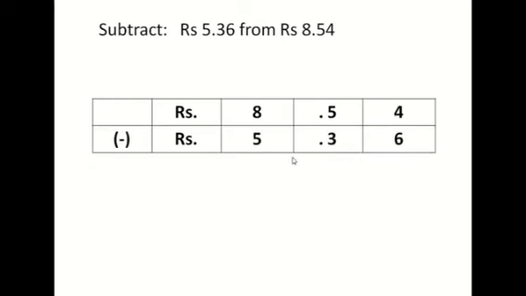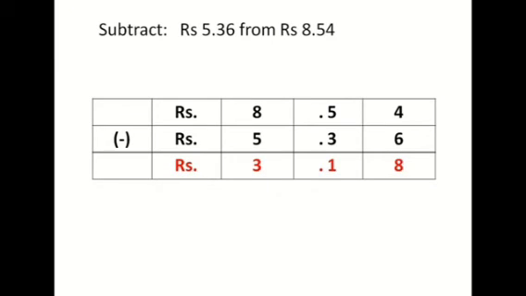Under that, rupees 5.36. Place the decimal point in the same column. Now you have to subtract. So please do it. If you have done, you can check the answer from here. It is 3.18. So the difference you will write as rupees 3.18.